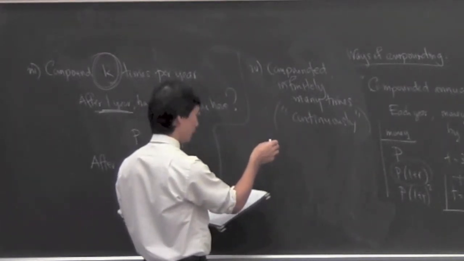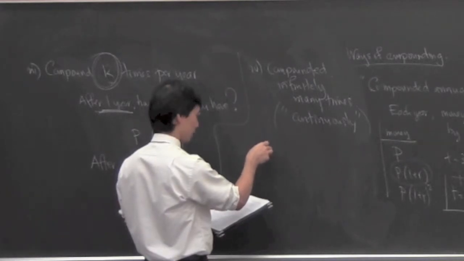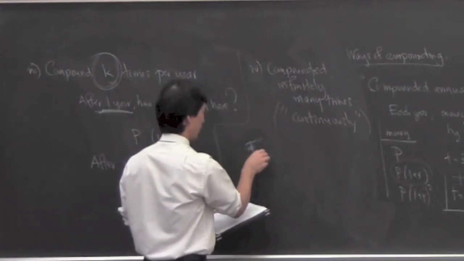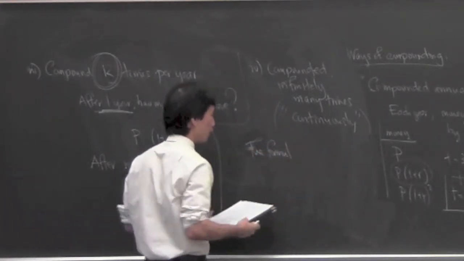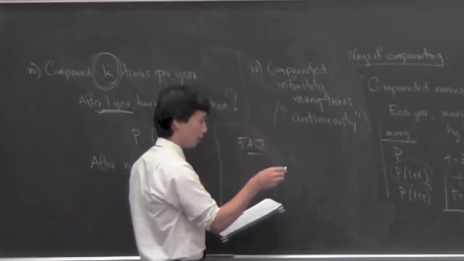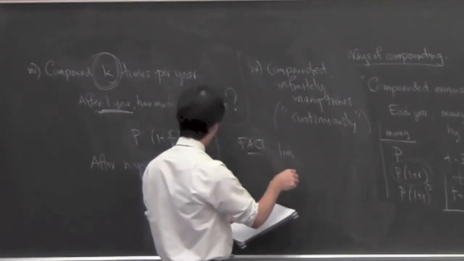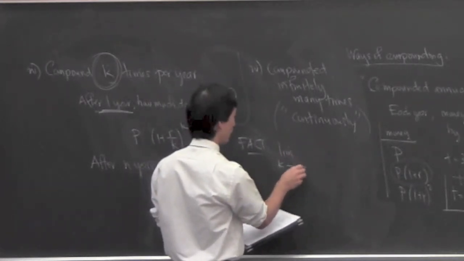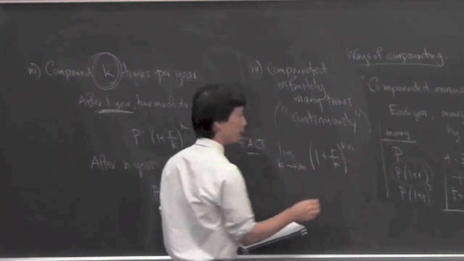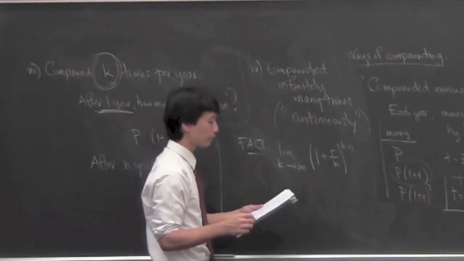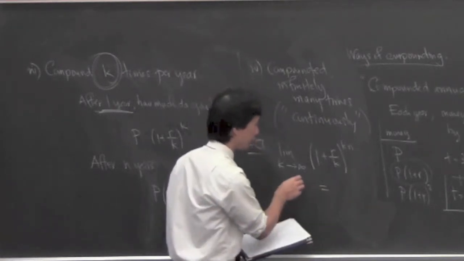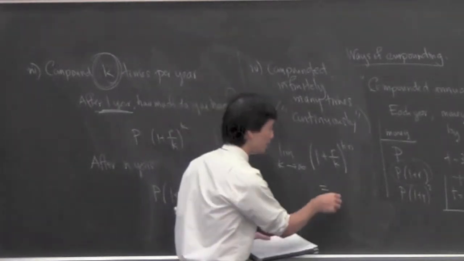Here's the amazing fact first. If you take the limit as k goes to infinity of this thing on the left, (1 + r/k)^(kn), if you let k go to infinity, these numbers actually tend to something.